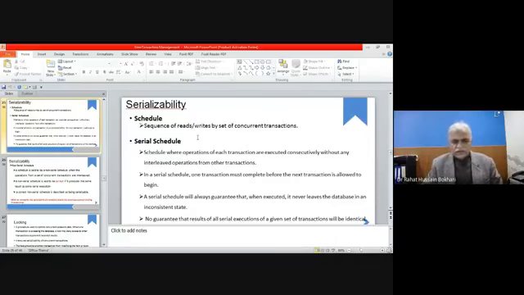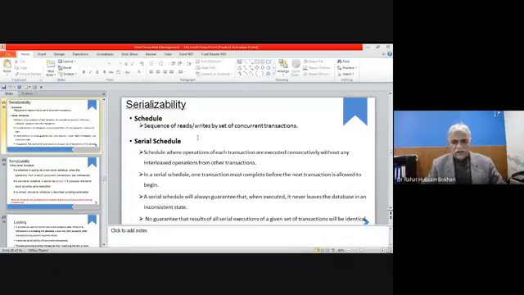A serial schedule guarantees that when executed, it never leaves the database in an inconsistent state, because all the transactions are carried out in a proper order. When a transaction is completed, then the other is started. When the other is completed, then the next is started. In that manner, we can expect there is no database inconsistency within these states.